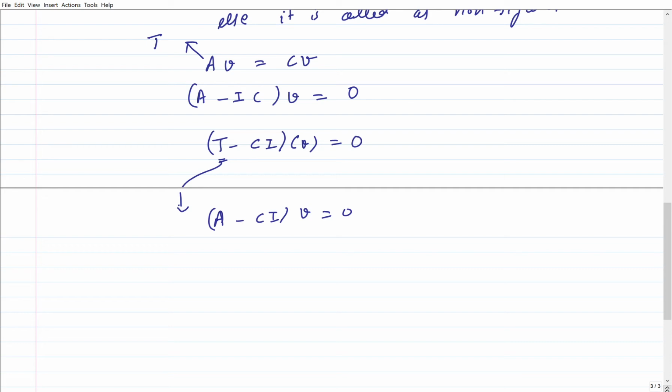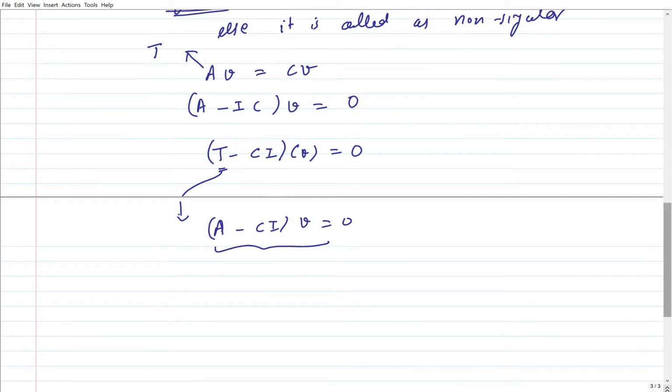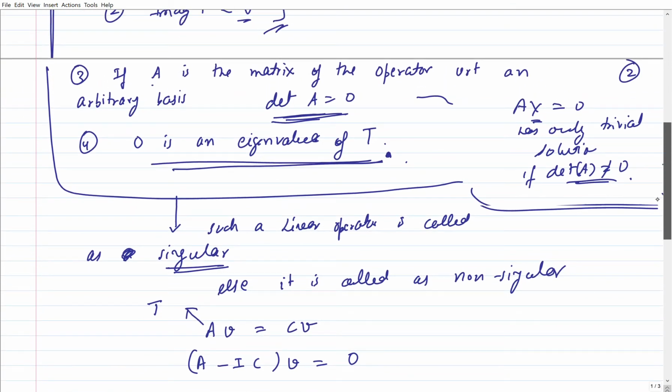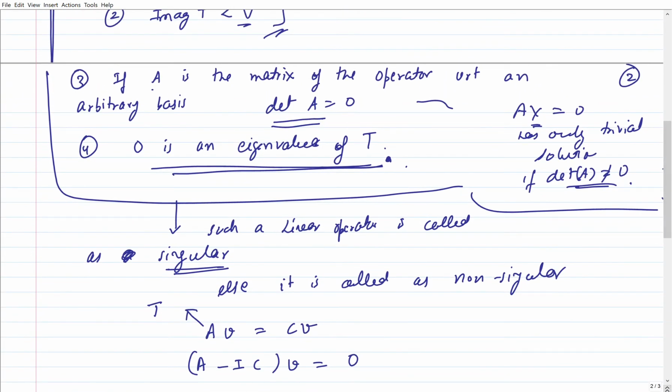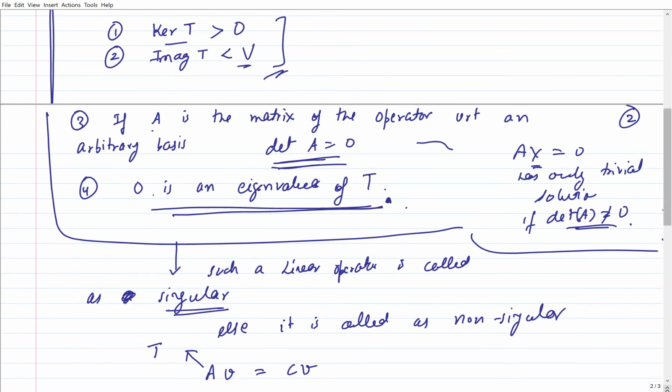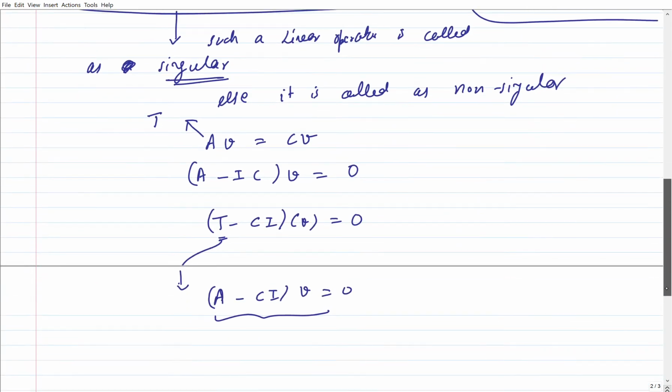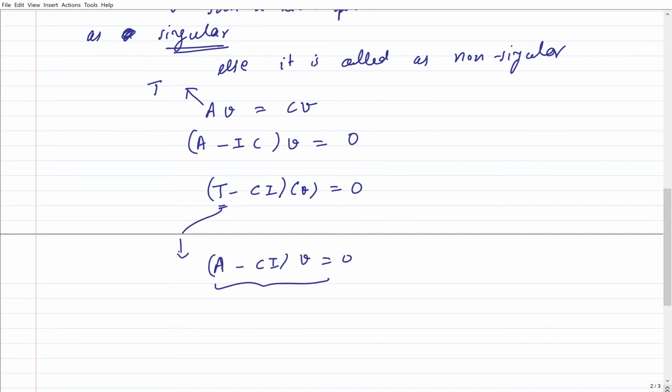With the equivalent condition, we need the determinant of A equals 0, that was the condition for 0 being the eigenvalue, kernel of T greater than 0. So this V is an eigenvector of the linear transformation if this condition holds. This condition holds if the determinant of this matrix is equal to 0.